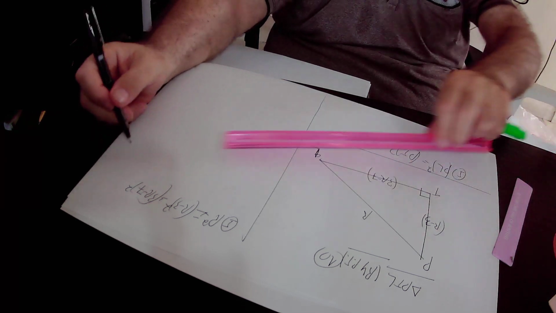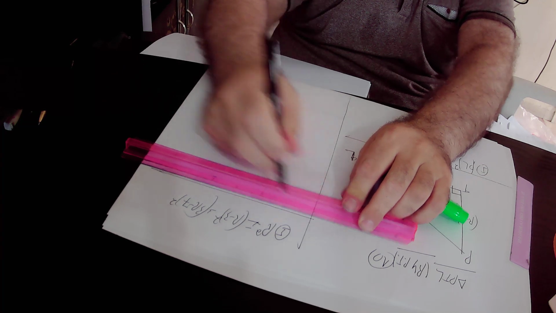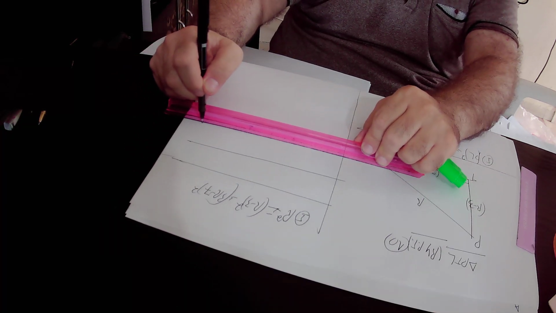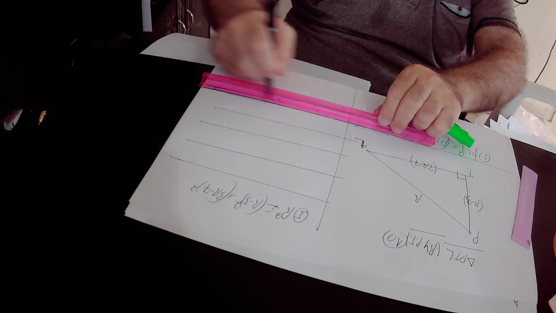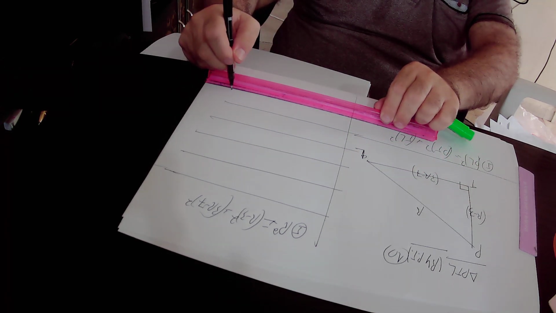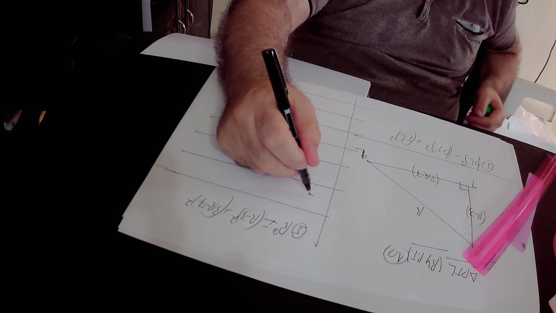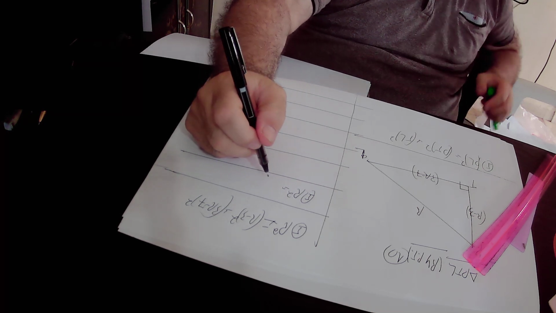So here we will open the brackets on this side of equation number 1. R square equals R minus 3 square.